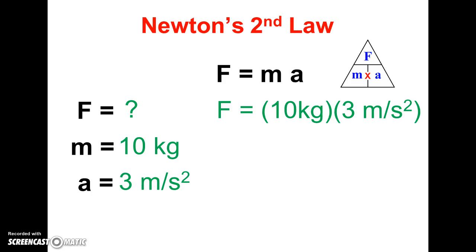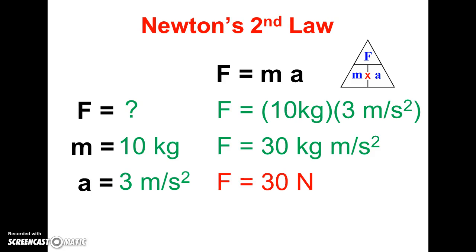So when we plug our numbers in, we have force equal to 10 kilograms times 3 meters per second squared. When you do the math, the force is equal to 30. Units left are kilograms meters per second squared, and a kilogram meter per second squared is a newton. So our answer is force is equal to 30 newtons.